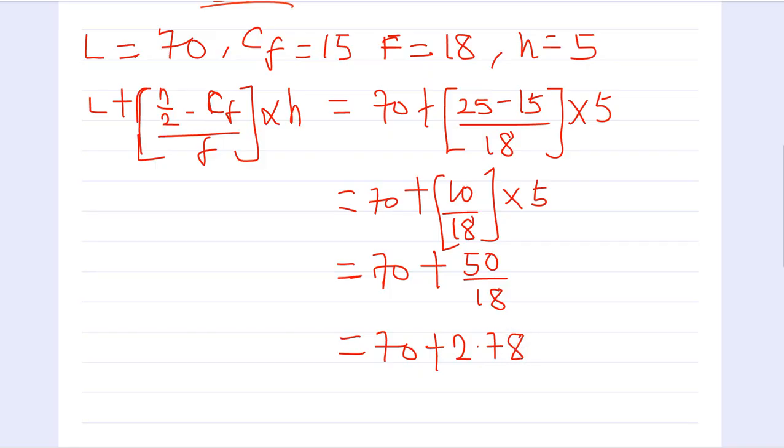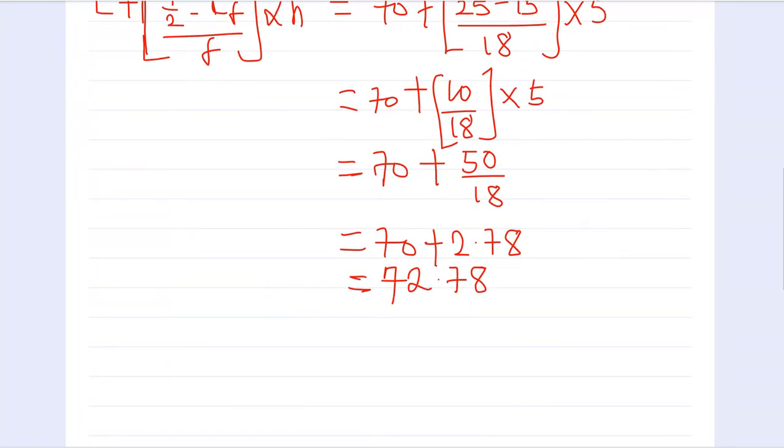If you add that together, you are going to have 72.78. So the answer is 72.78. That's the median for this example.